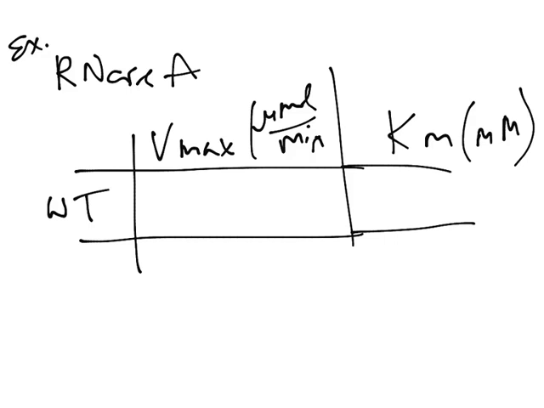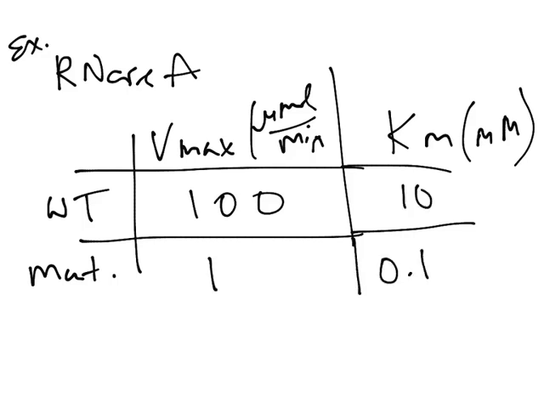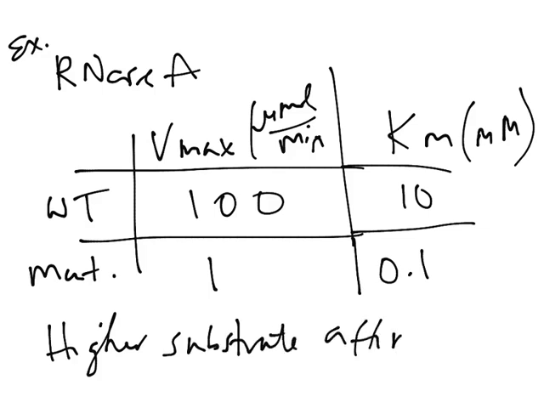So here's my wild type data, and here's my mutant data. So this is 100, this is 1, this is 10, and this is 0.1. And my question to you might be, which has the higher substrate affinity?